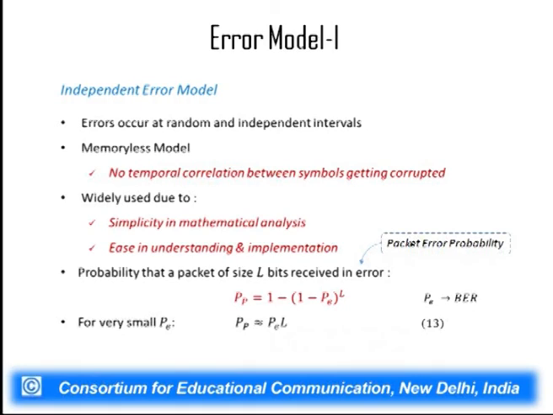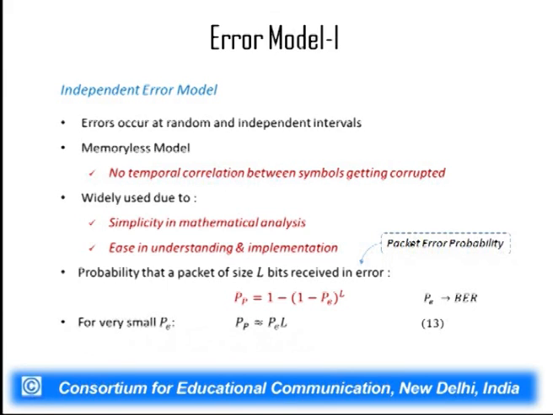So this particular model is not a very accurate one to take up, as if we follow this model, then the errors occur at random and independently. That is, they have no relation in their occurrences with respect to the intervals in between. And if we frame it mathematically, it's given by equation 13.